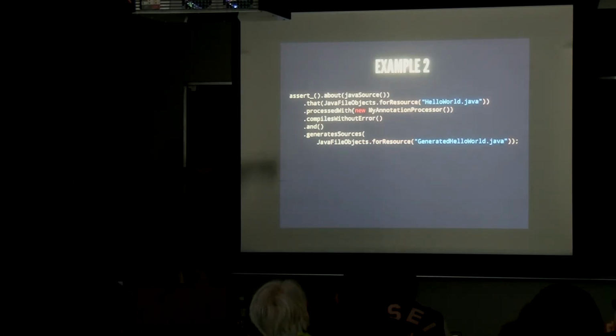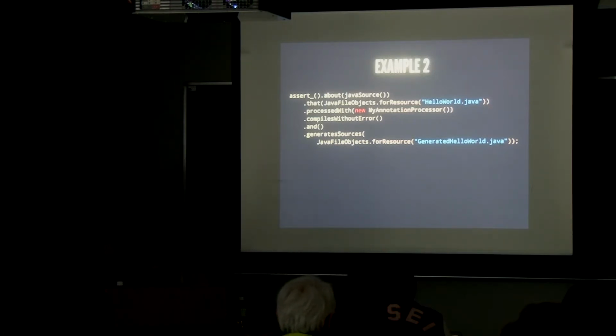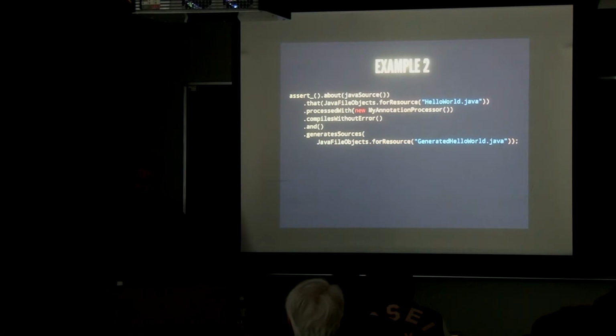And then it actually compares it with some output that we expect. This, of course, means that as you change your annotation processor, you have to keep changing also that file, which is really, really annoying, but there's no way out of it. So if you want to test your annotation processor, and you should test your annotation processor, this is the way. So no way out of that.